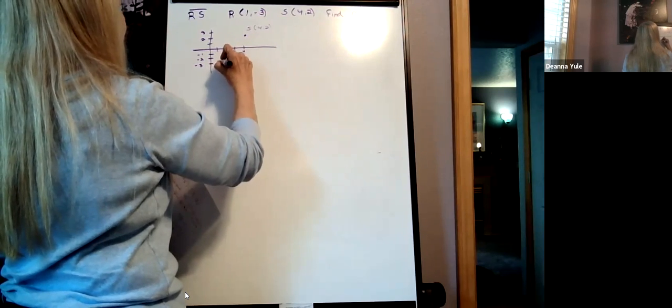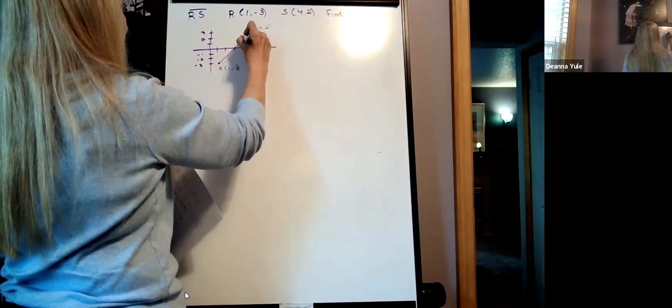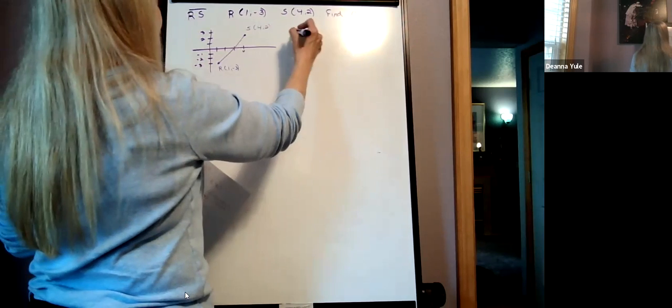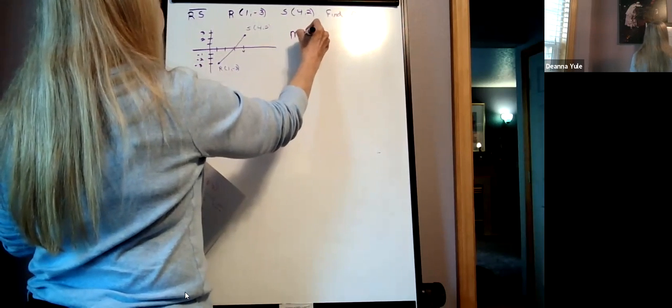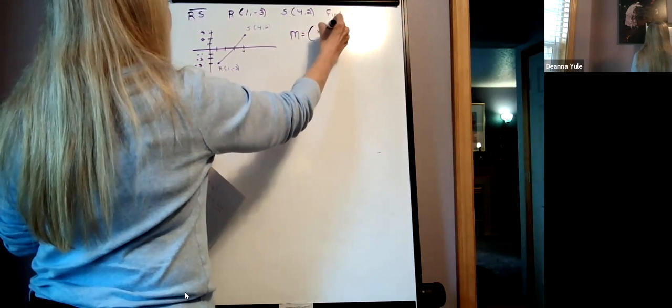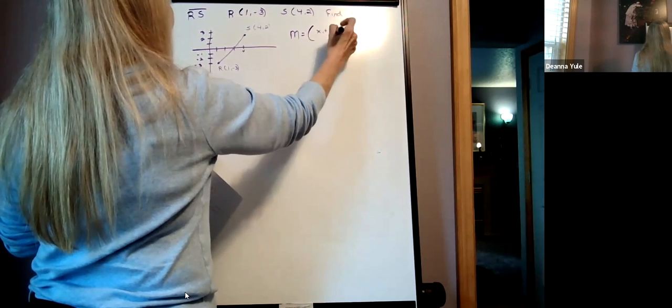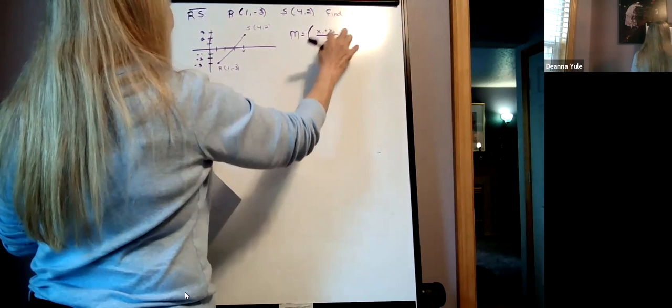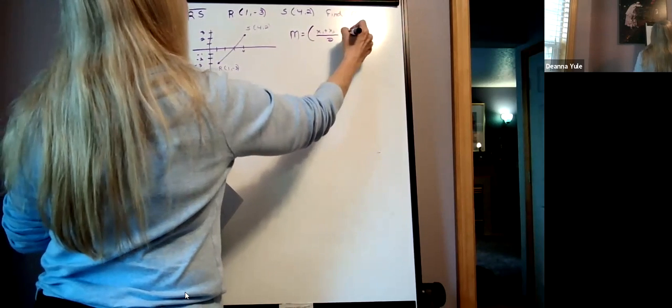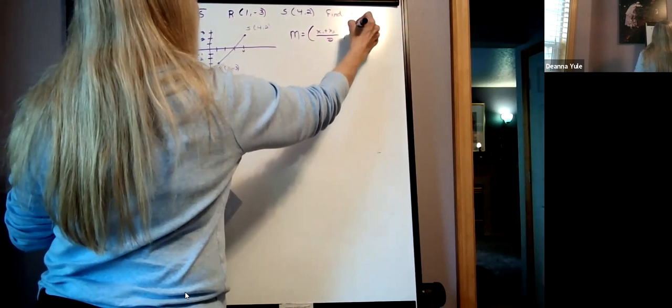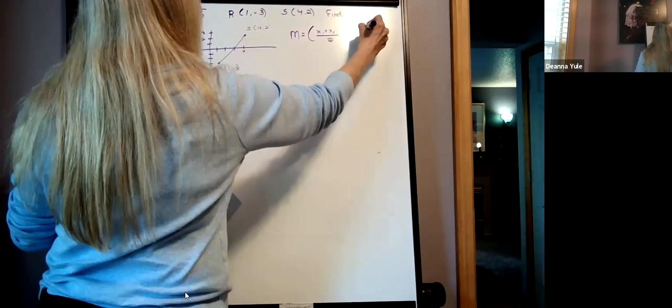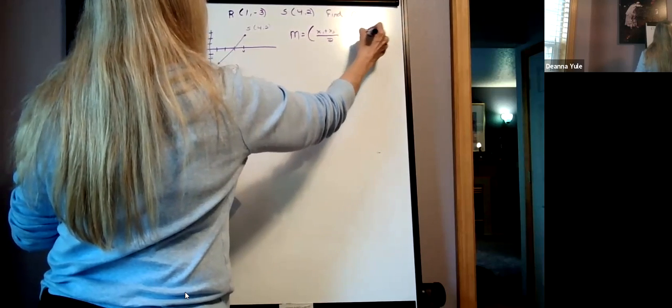I can connect them, and I need to find M. Remember, M is equal to x1 plus x2 divided by 2. That's my x coordinate of my midpoint. And the y coordinate is going to be y1 plus y2 divided by 2.